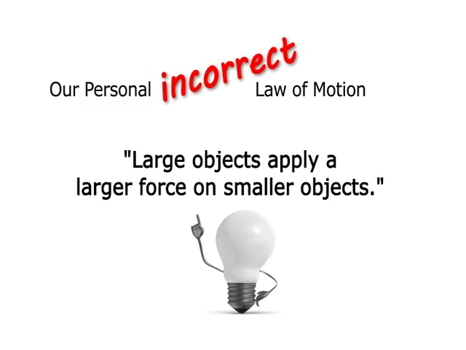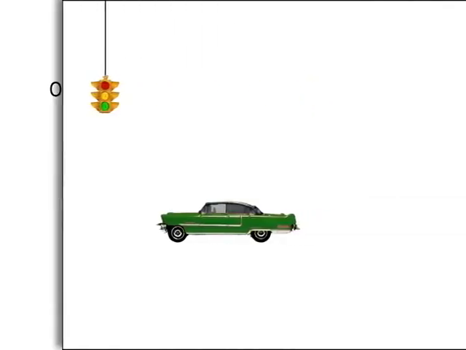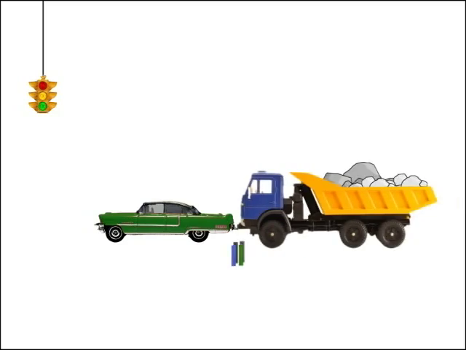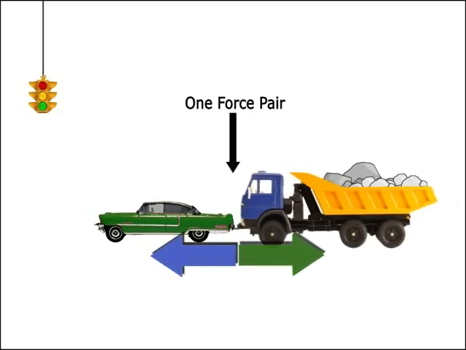But that's not how the world is actually designed, and it took Newton to discover this. When two objects meet, together they make a force by exerting an equal and opposite force on the other. The truck and the car impart equal and opposite forces on each other. The forces are the same since they are now one force pair.